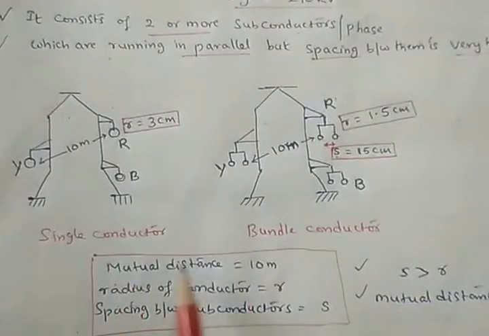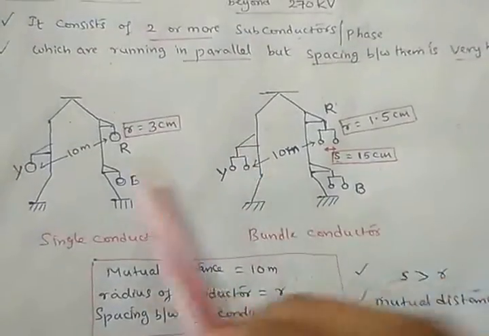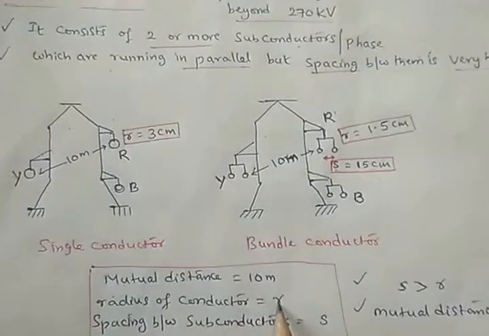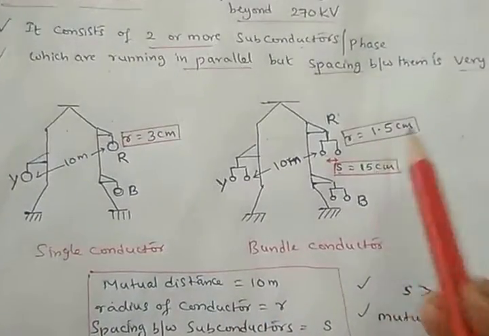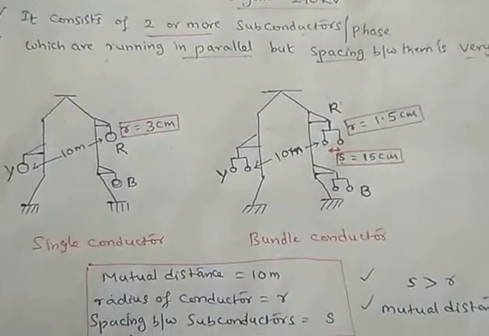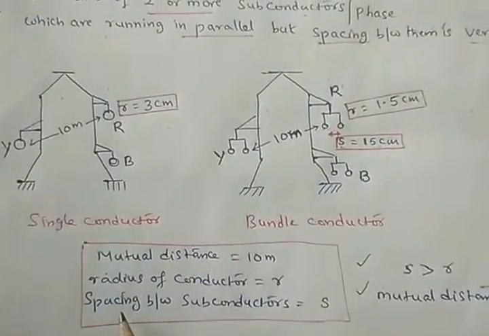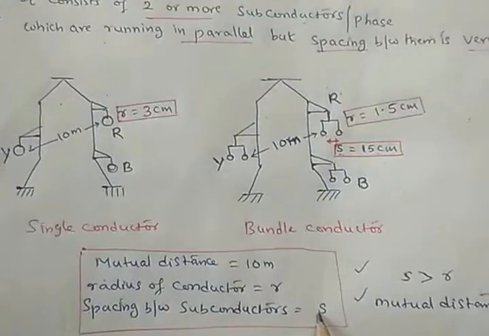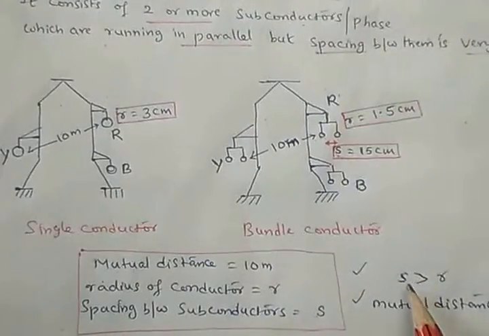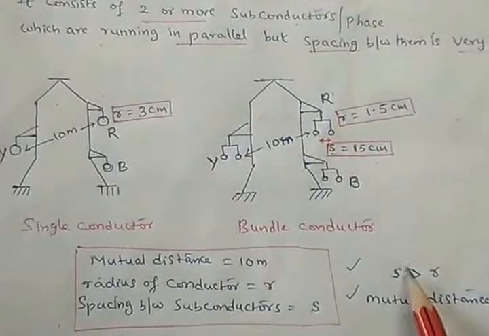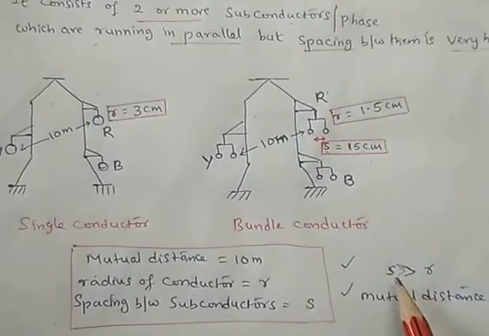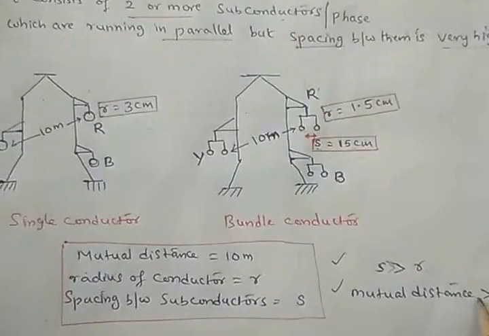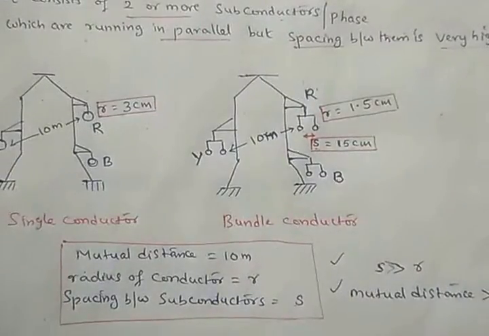The mutual distance in both cases will be the same. The radius of the conductor, which is R, has been reduced. You get the extra point here, the spacing between the subconductors as S. In comparison, S is very much greater than R, and the mutual distance is also very much greater than S.